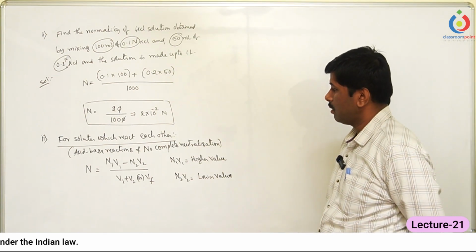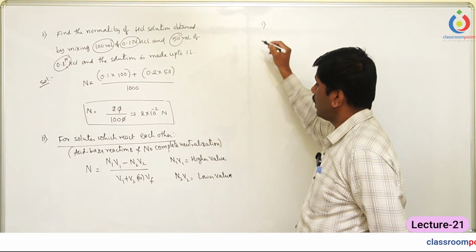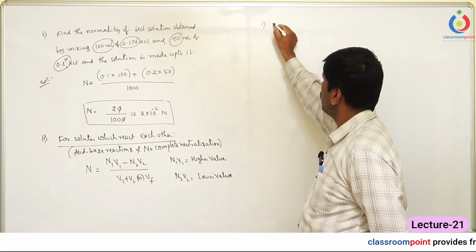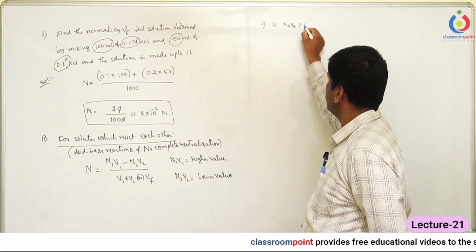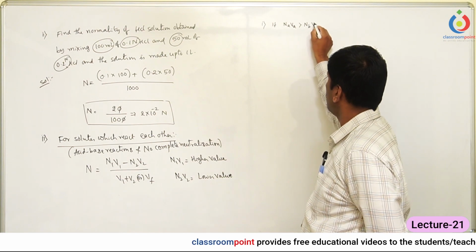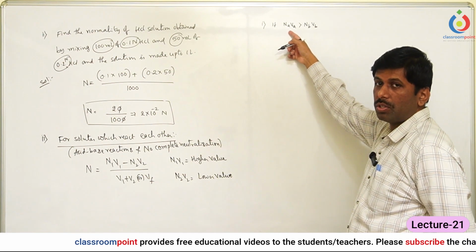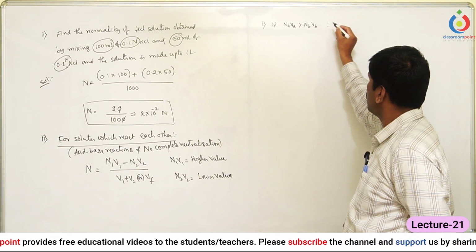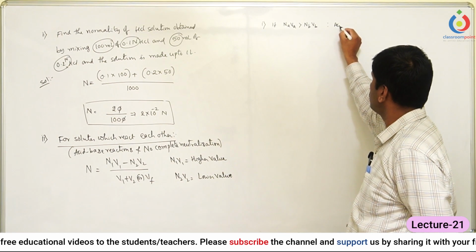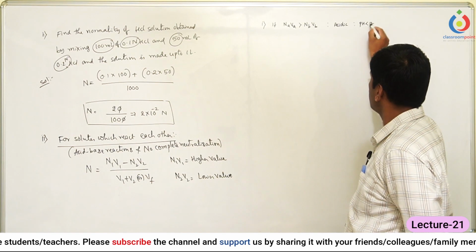Now let us see what happens under different conditions. If the normality and volume of the acid is more than the normality and volume of the base, so the higher value belongs to the acid and the lower value belongs to the base, then the solution is acidic in nature and pH is less than 7.